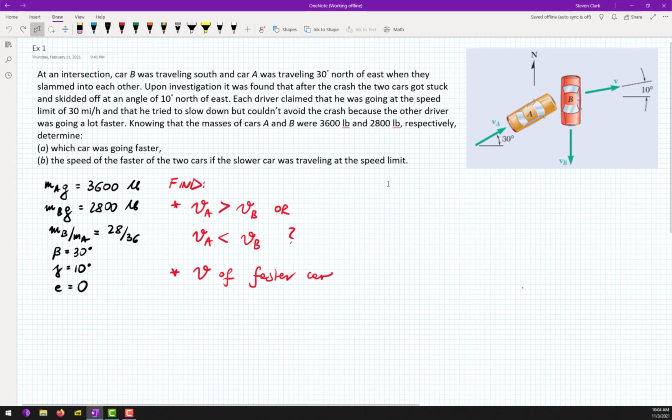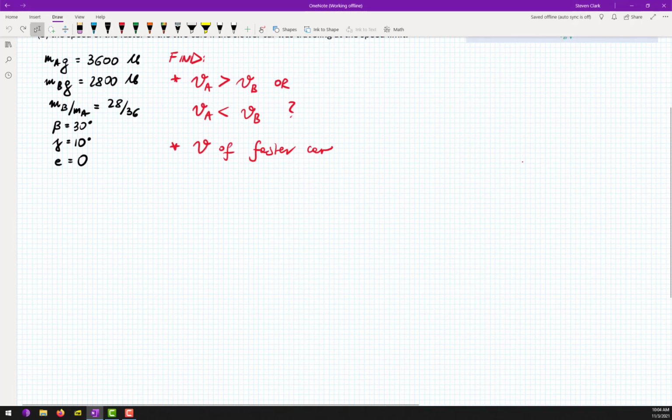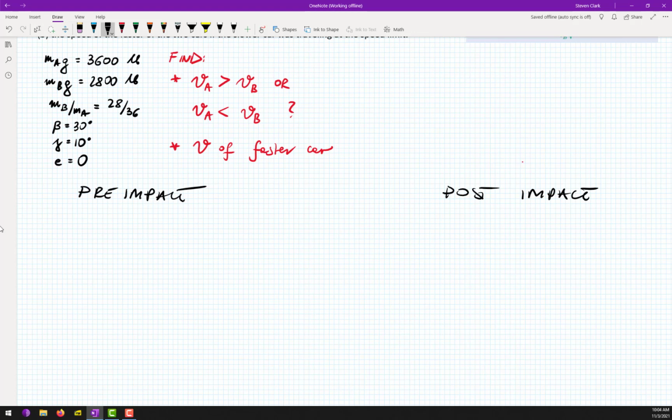This is our task for right now. What I would like to do is draw the situation pre-impact and post-impact. Okay, so we will model our cars as particles.